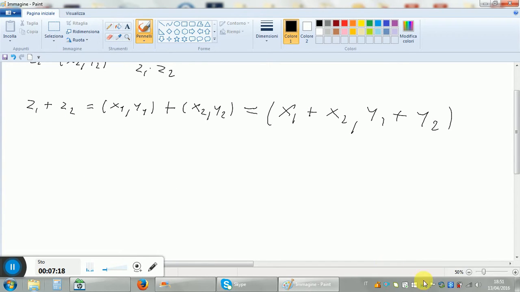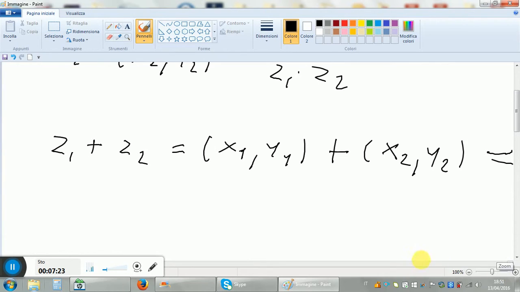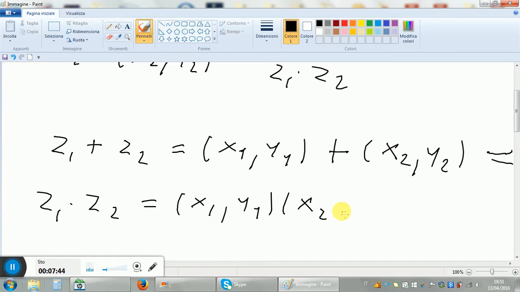and the other rule, z1 multiplied by z2 is equal to (x1, y1) times (x2, y2).